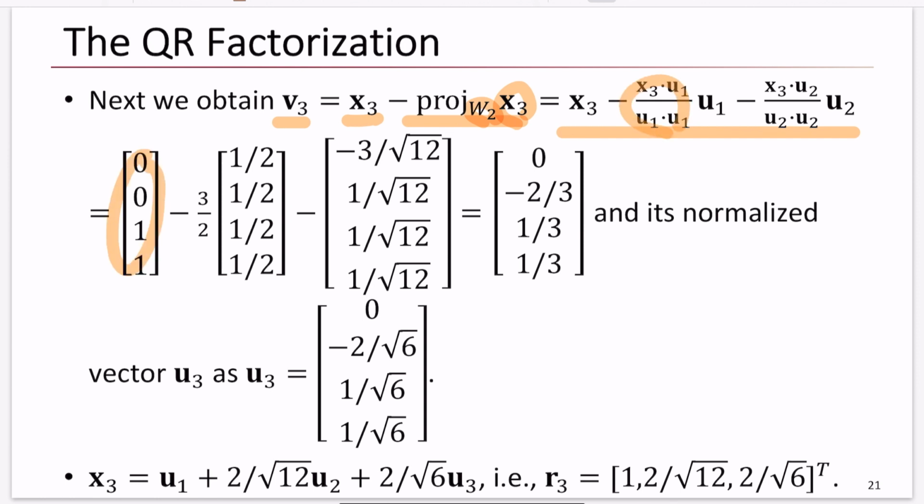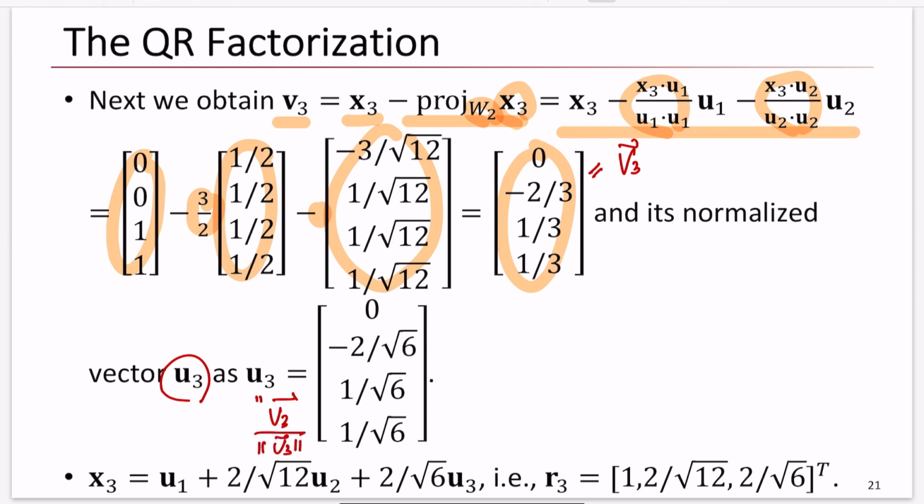This one is going to be 3 over 2, and it's going to be 1, I think. If you calculate, this is u1, this is u2, derived from the previous slide. Then finally this one is going to be v3, and its normalized vector u3 is v3 divided by the length of v3. It's going to be here.